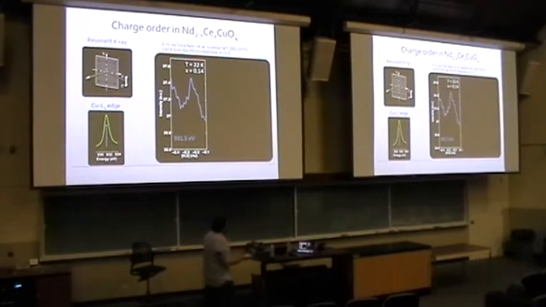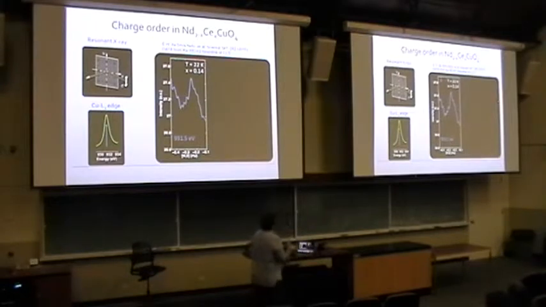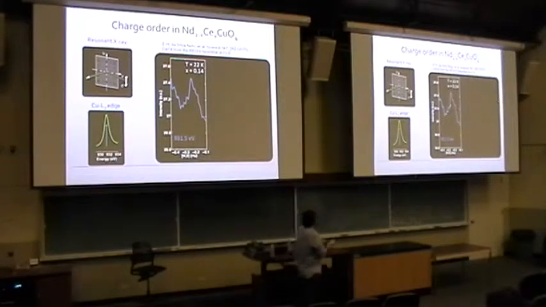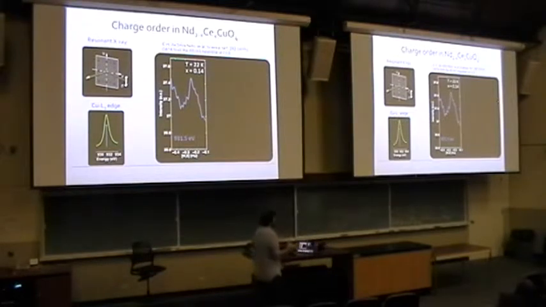Okay, so now I just jump between cuprates, but basically the story is the same. I'm looking at a different cuprate in this case, because I have a better slide for this. And when you tune the photon energy to the resonance and measure through reciprocal space, you see a peak, okay? And this looks like a very tiny, weak peak.